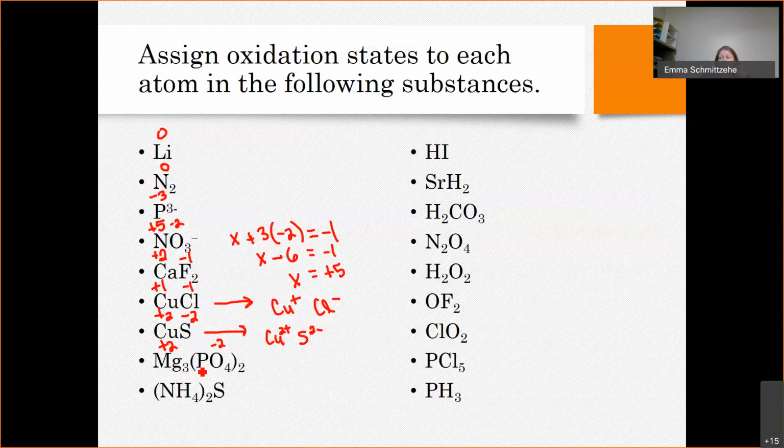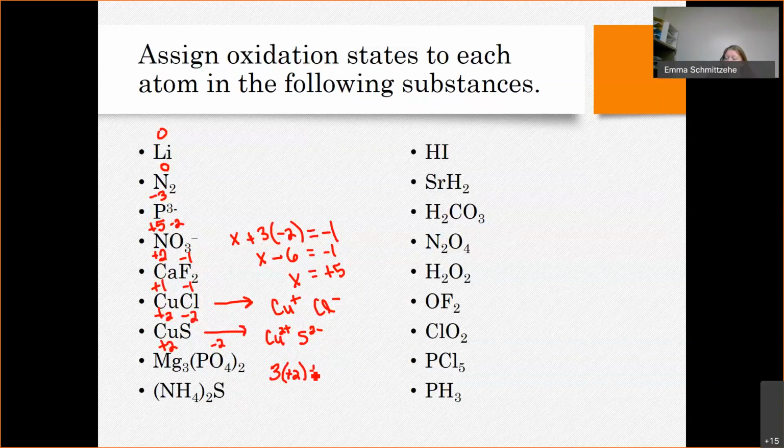So this is another one that, if you remember, well, this is a neutral compound, right? And so if we sum all of these up, it needs to be 0. But you need to take into account each of those magnesiums is +2. Each of those oxygens is -2. And so you're going to sum all of that up. So we have 3 magnesiums. Each one is a +2.